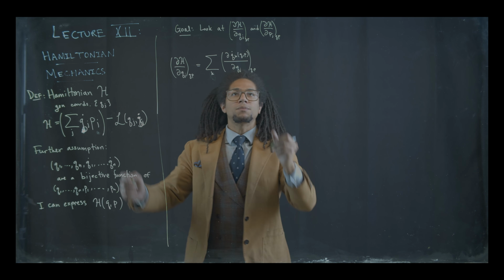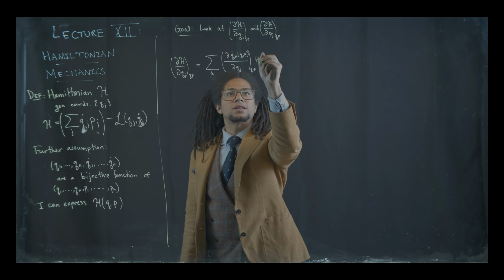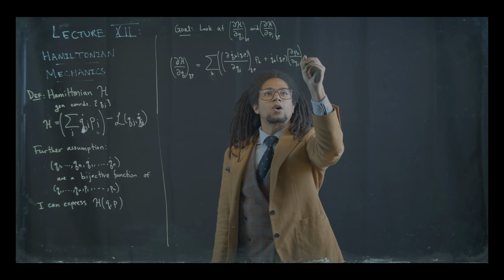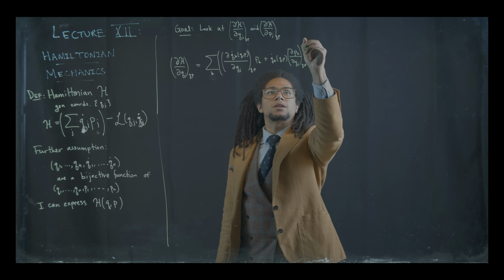Then I'm holding pk constant in that term. And then next, I need to do the second term in the product rule. So here I'll hold qk constant. And then I'll take a derivative of pk with respect to qj while holding all of my q's and p's constant.